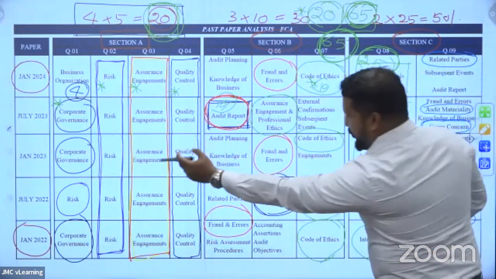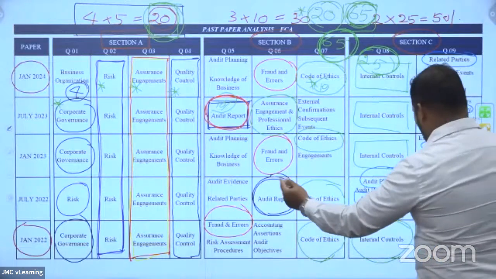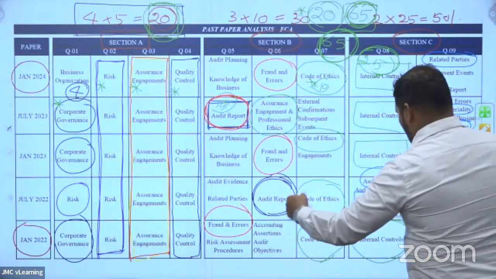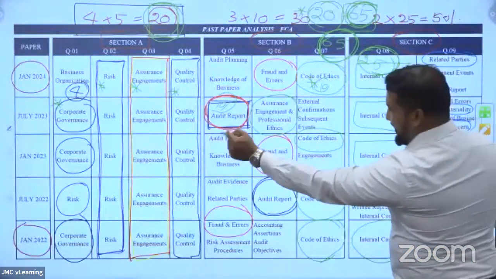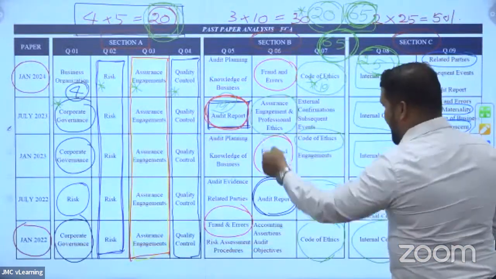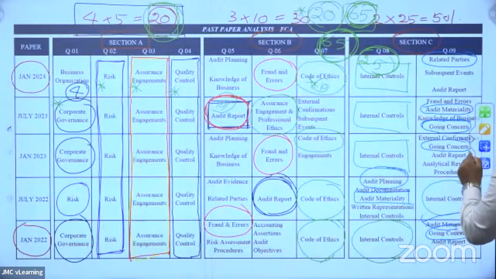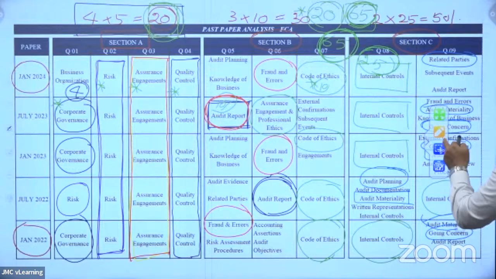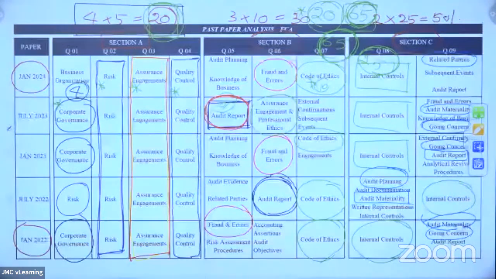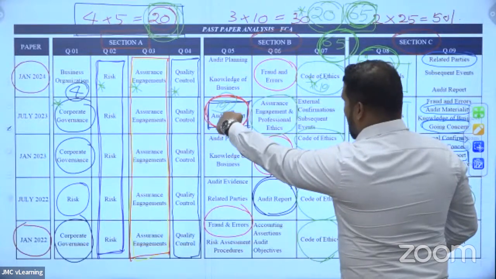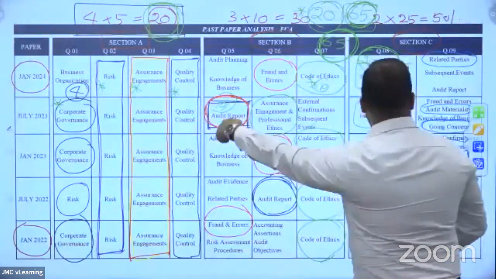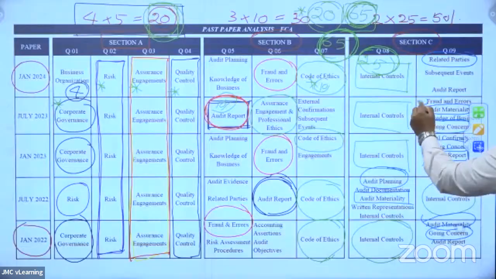Right. When you go to the July paper, audit report has been tested here. Then 2023 January, fraud and errors tested in question B, and audit report again tested in section C. Clear? Then when you go to July 2023, audit report has been tested in section B, whereas fraud and errors tested, sorry.